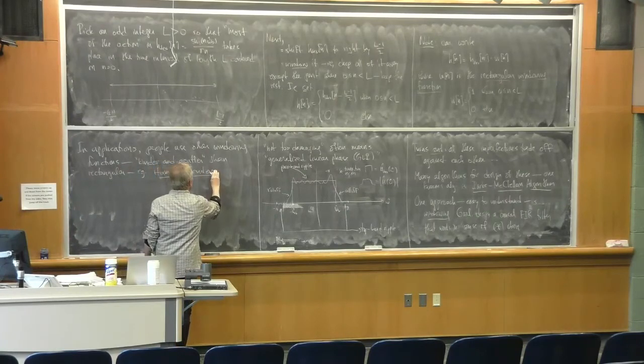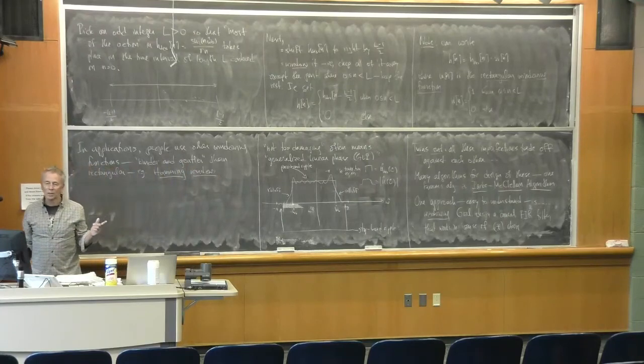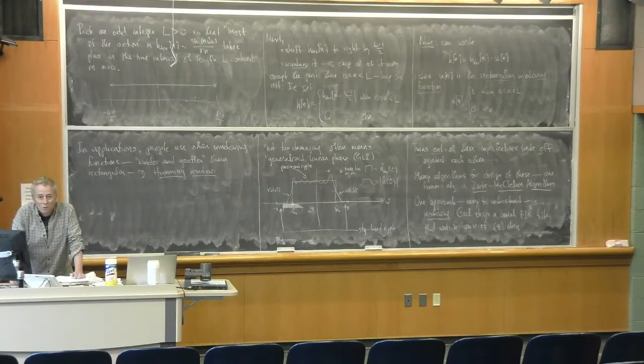And the Hamming window is named after Richard Hamming, who was a famous coding theory guy who spent most of his career at the Naval Postgraduate School in Monterey, California. Okay? And one of the big awards in the IEEE Information Theory Society is called the Richard Hamming Medal.